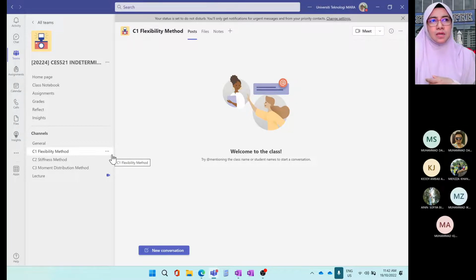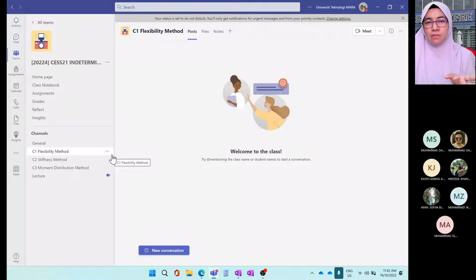Lepas tu, you cut section, you learn how to cut section, writing shear equation, writing moment equation in order to draw shear force diagram and bending moment diagram. Betul kan? Masa belajar solid mechanics? Betul. So semua tu kita nak pakai balik dalam topik flexibility method.